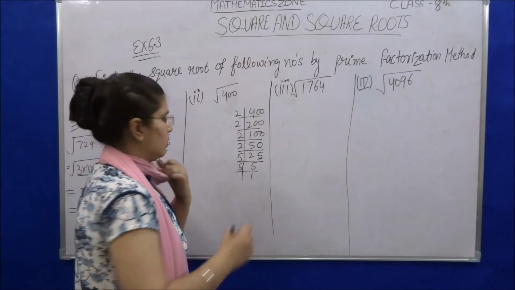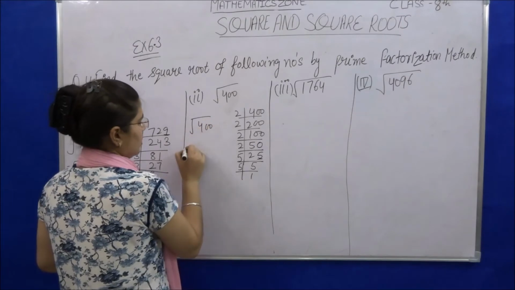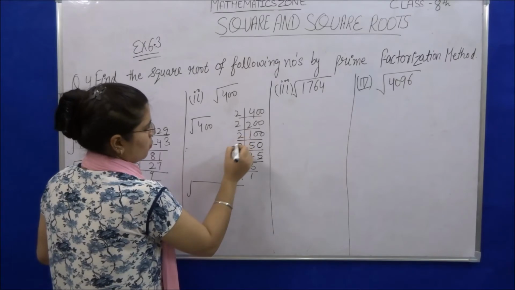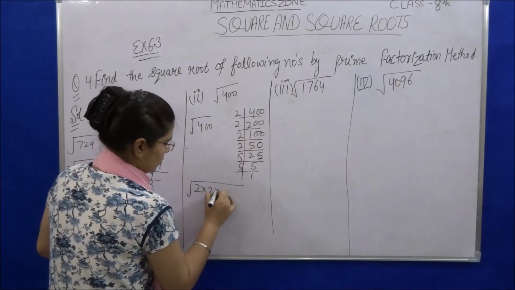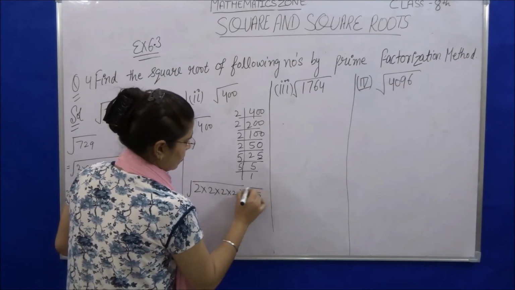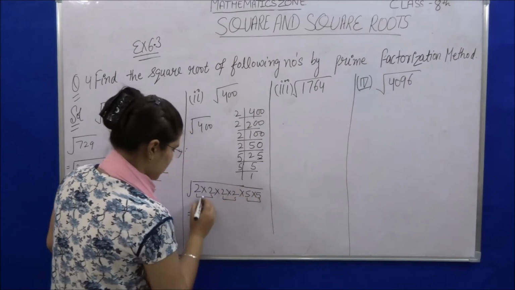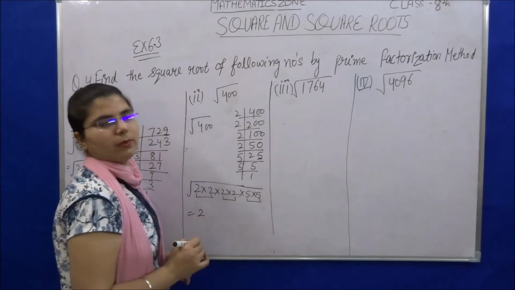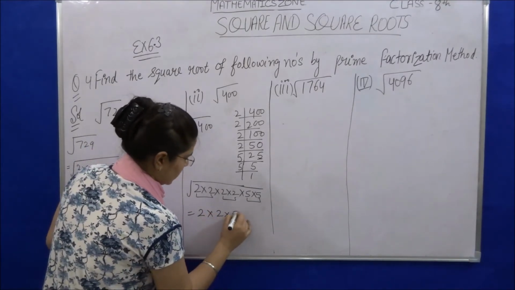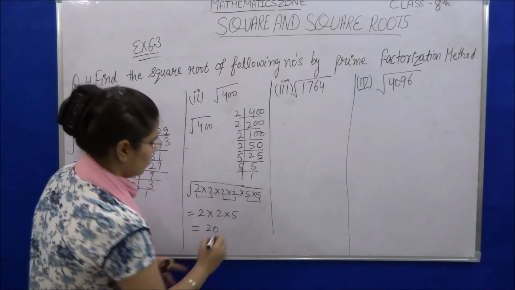Now square root of 400 will be under root of 2 times 2 times 2 times 2 times 5 times 5. Now we will be pairing all these numbers. So one 2 will be taken out from the couple of 2. Again one 2 will be taken out and one 5 will be taken out. So product of all these numbers will be 20. So this is our answer.